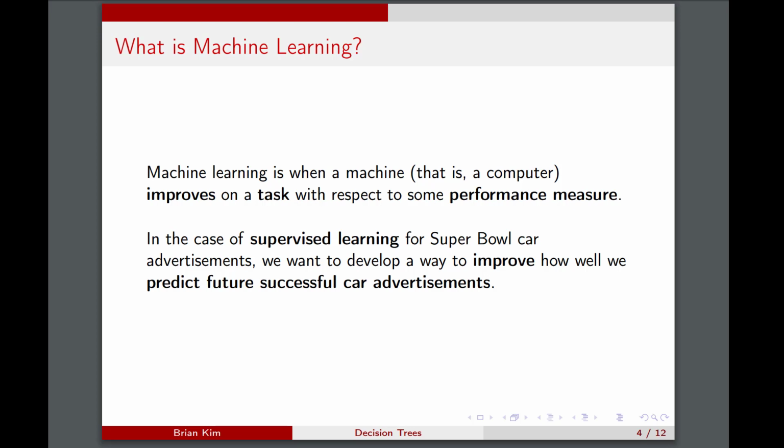So we're going to improve on this task, basically determining which car advertisements are going to be successful, with respect to some sort of performance measure. We'll get to that later, but this is the task that we're going to do. We're going to use a computer to learn from the data in order to provide better predictions for what's going to be successful.